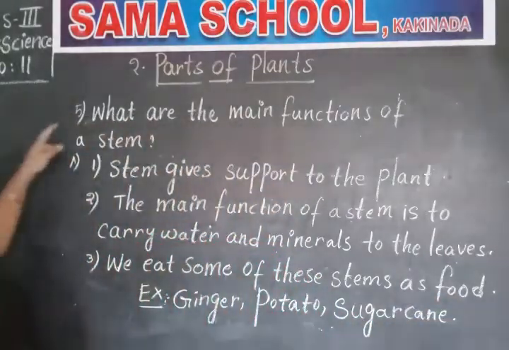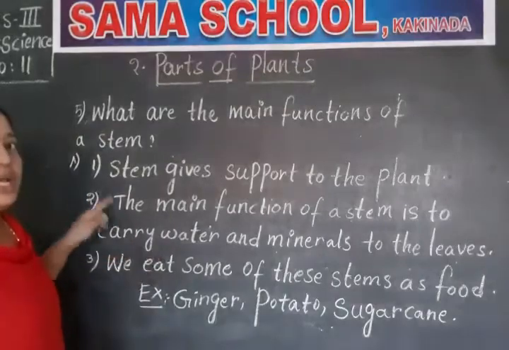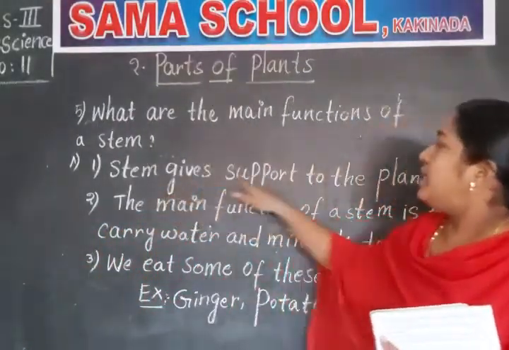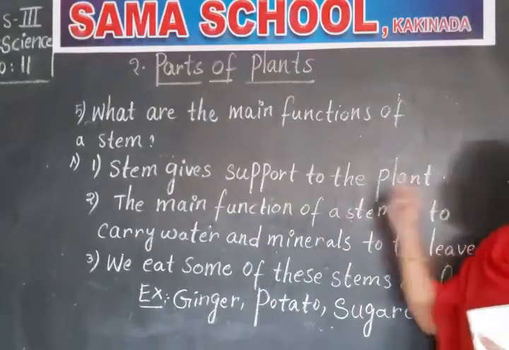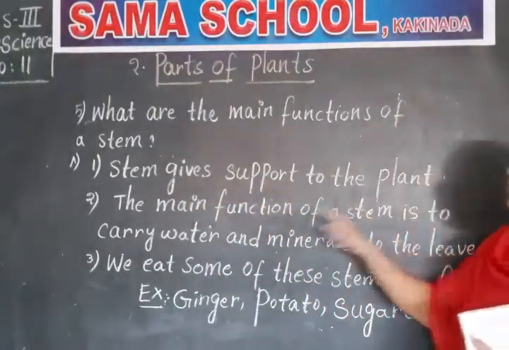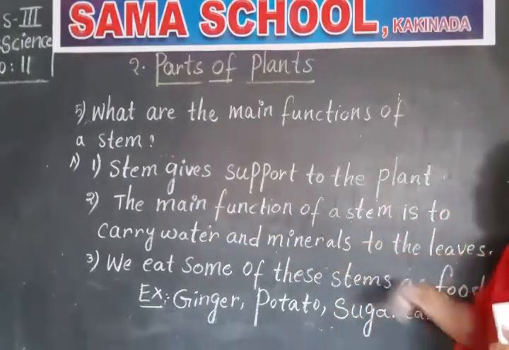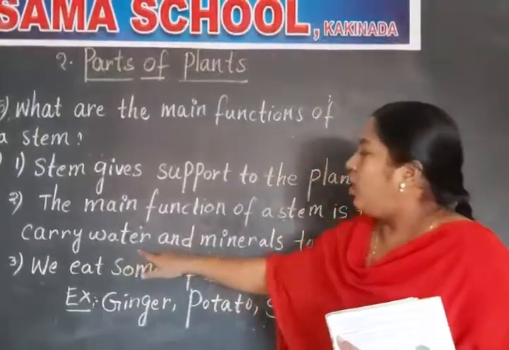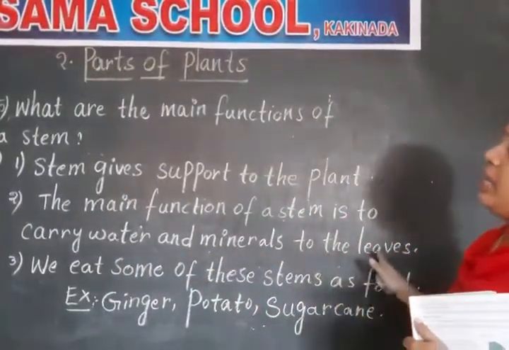Okay, children. These are the three main functions of a stem. What's the first one? Stem gives support to the plant. The main function of a stem is to carry water and minerals to the leaves.